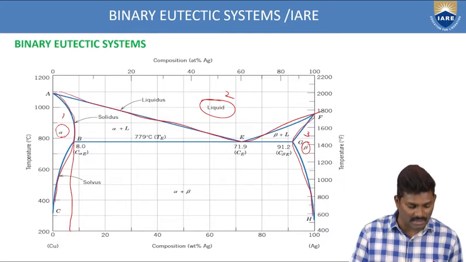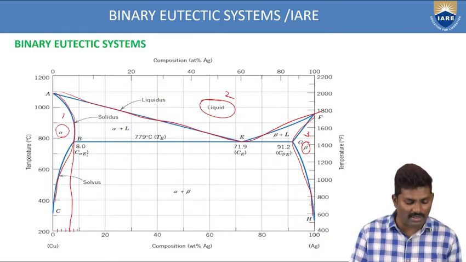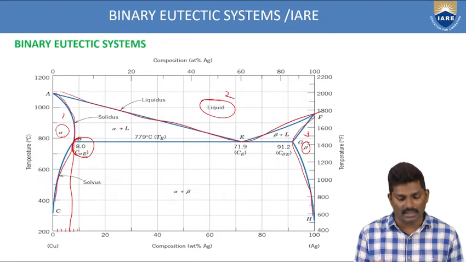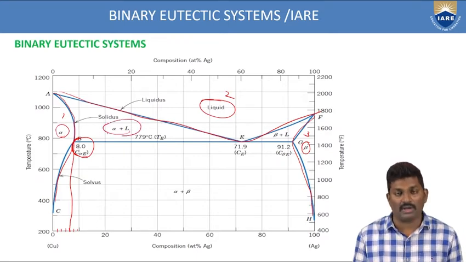If you drop at this section, you have to divide it into equal parts, so exactly you will get 8. So the 8 value we are writing here. At 8% of copper, we are getting the alpha phase. Beyond that, again we are having a combination of solid and liquid, so this is again the double phase. But first of all, we are trying to identify how many single phases are there.